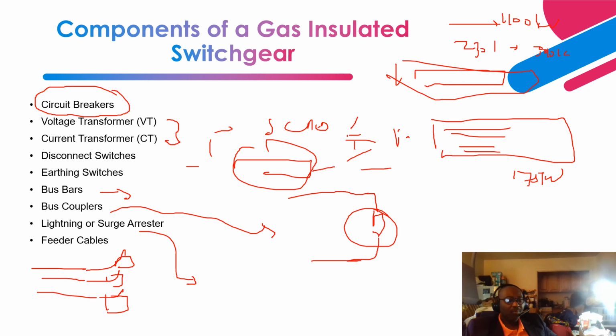The cable pot is more of an apparatus bushing, where your overhead line, phase A, phase B, phase C, interface at the connection point in this cable pot. Then down there is where the feeder cable goes to your GIS.